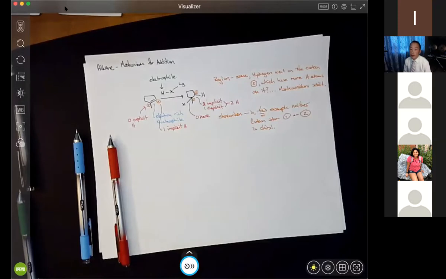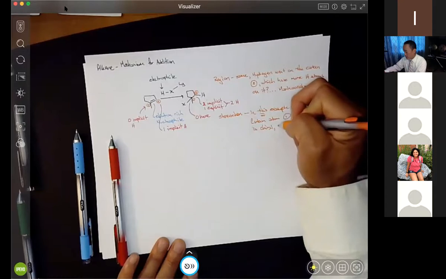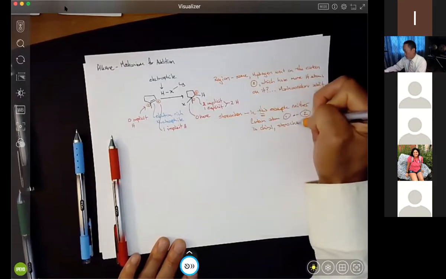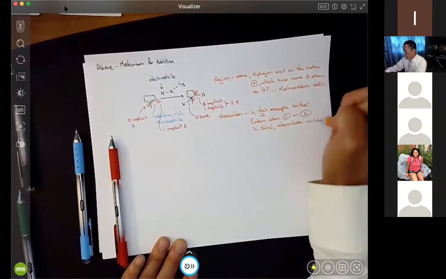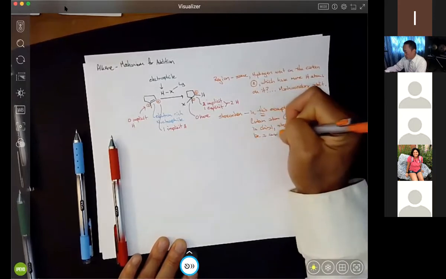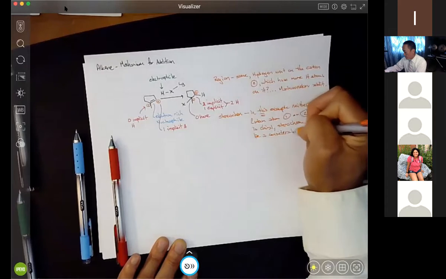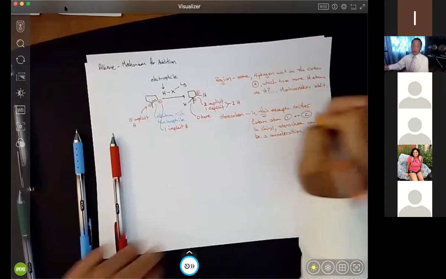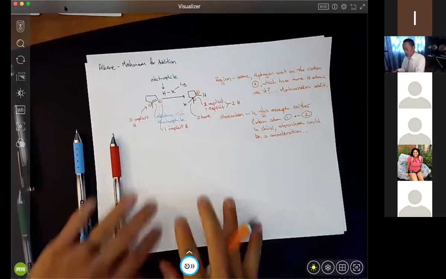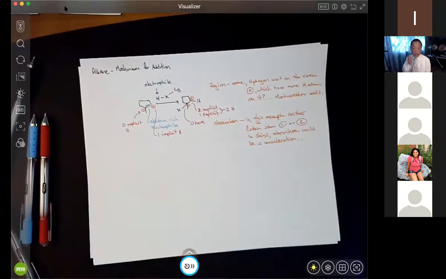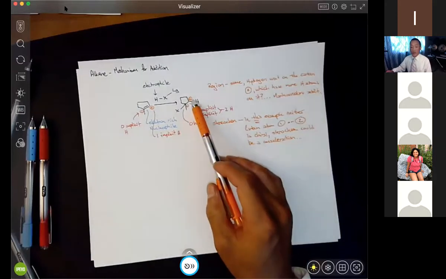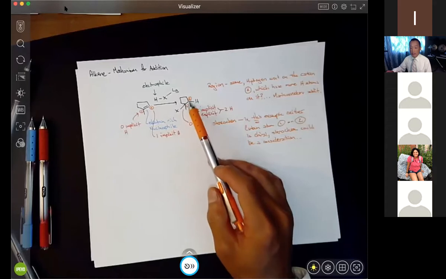And so we don't have to worry about stereochemistry in this example. But stereochemistry could be a consideration in other examples. Once we apply these tools to this reaction and we've added something to the molecule, formed new bonds, and broken that carbon double bond, then we have to ask what the configuration is, because each of these is tetrahedral.